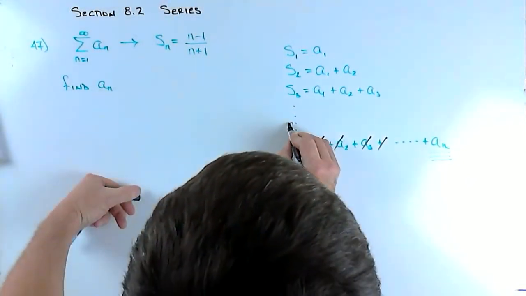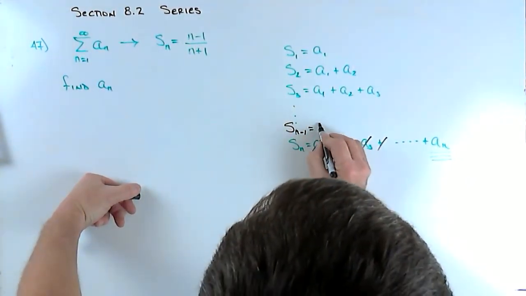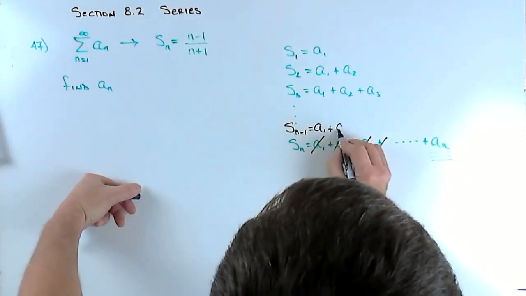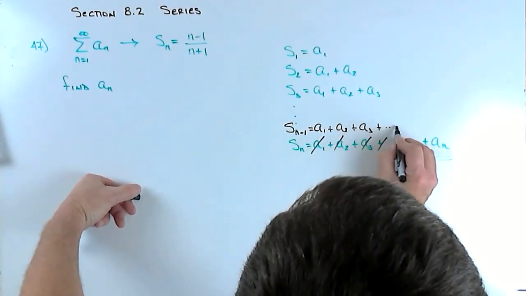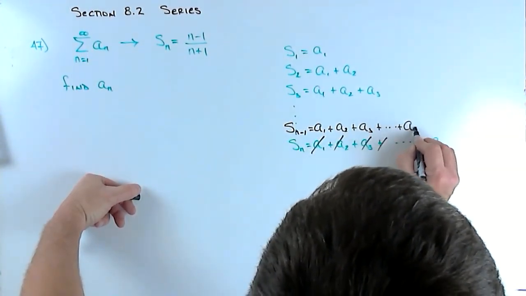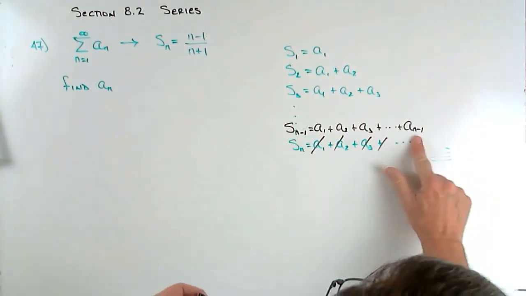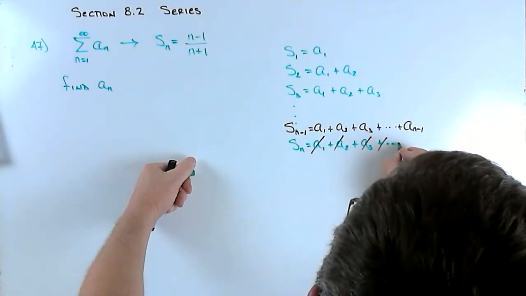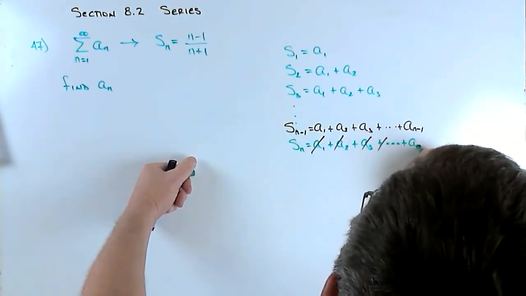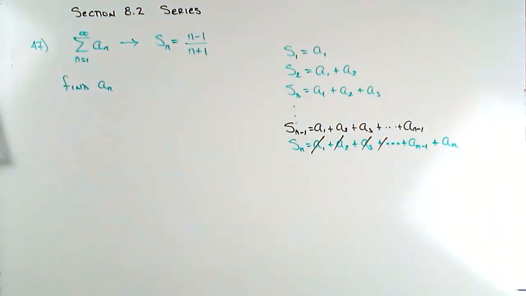Well, if we think about it, the term before this one is A sub 1 plus A sub 2 plus A sub 3, and it stops at A sub n minus 1, which, remember, is right there. It's the term before A sub n.